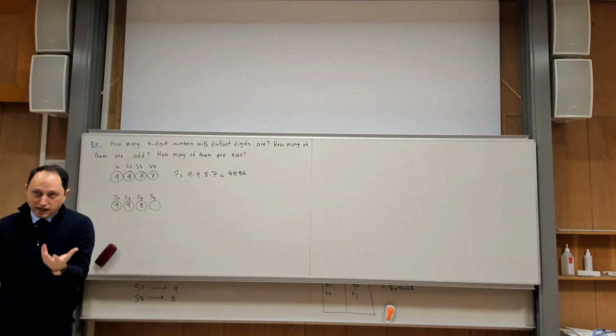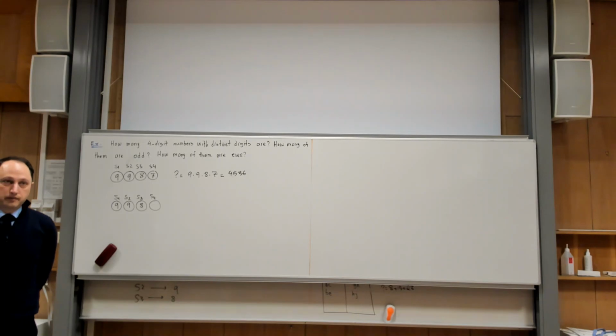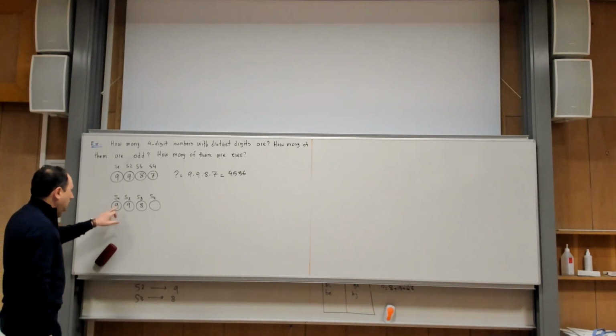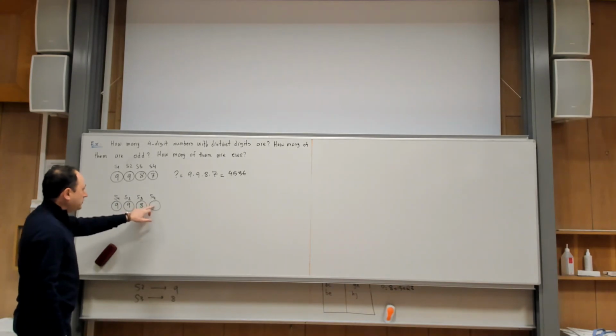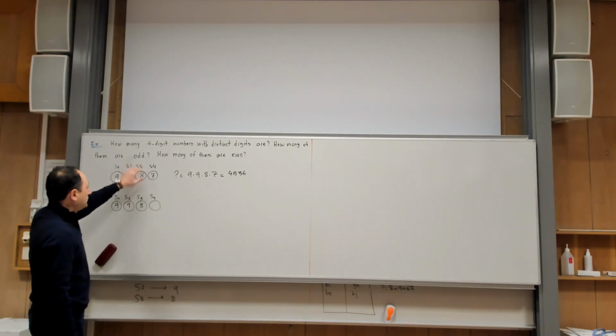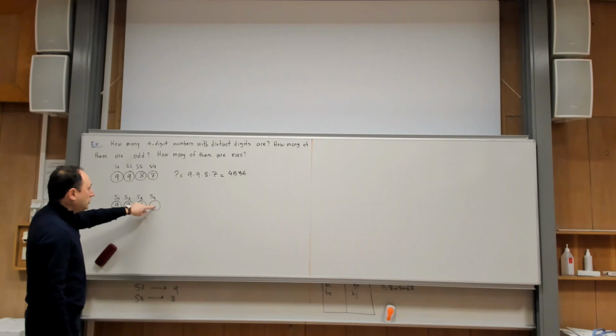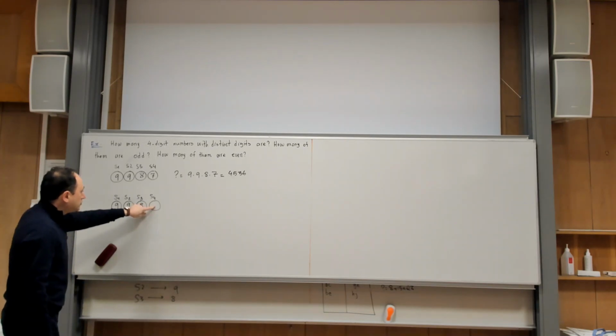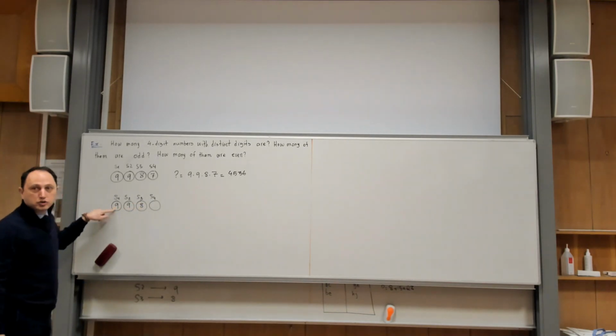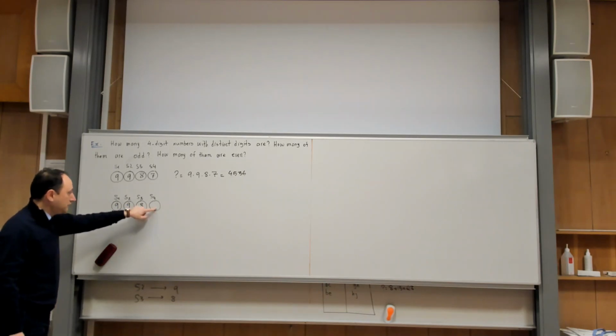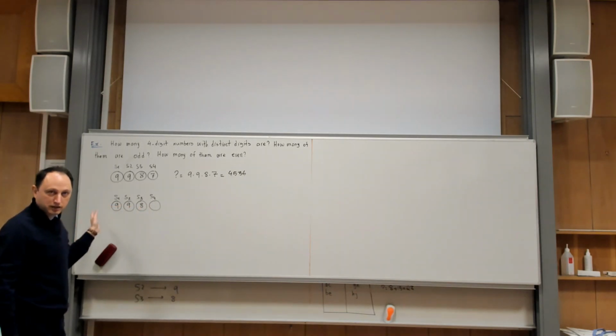So it means that the natural order doesn't work apparently. Is that clear? I can write 9, I can write 9, I can write 8, but when I want to have an odd number, I know that I have to choose an odd digit here, but I don't know how many odd digits I have used so far. So this number will depend on the way that I have done the previous stages.